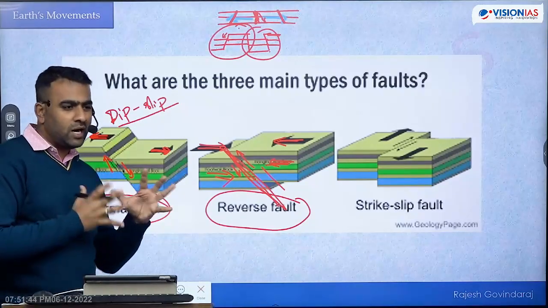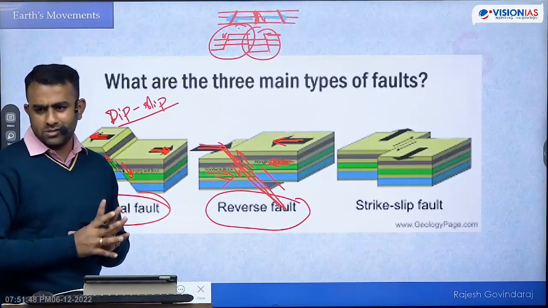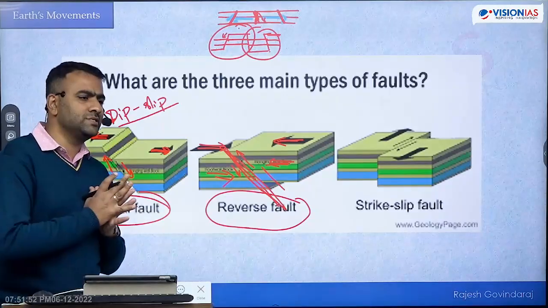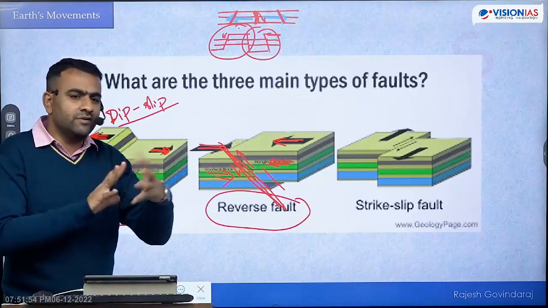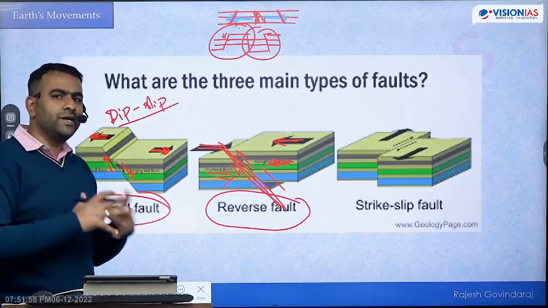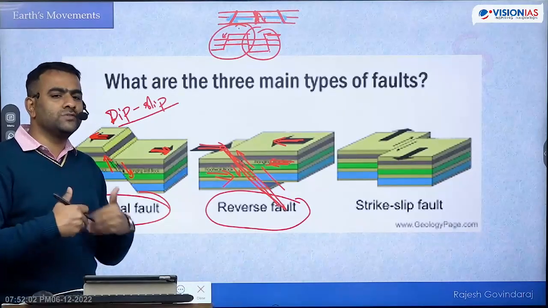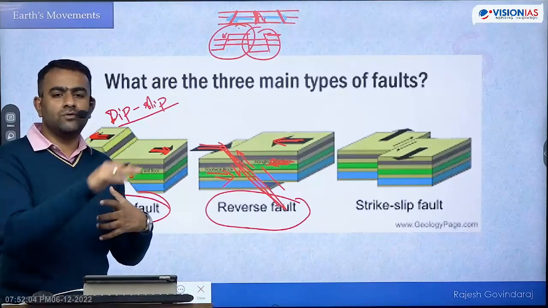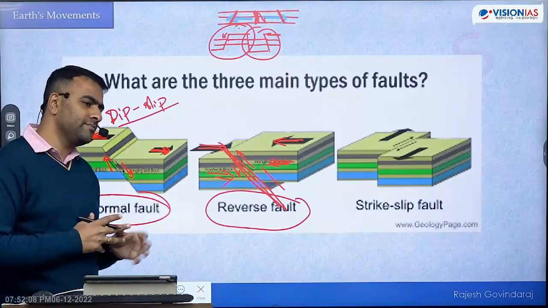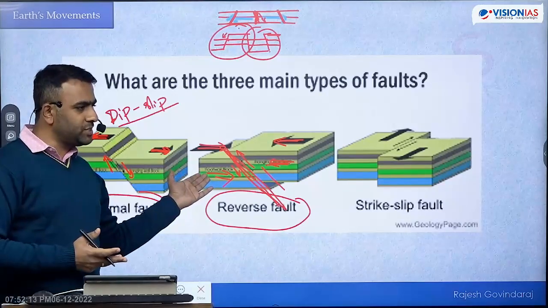If it is too hard rocks, a large area of metamorphic rocks or a granitic rock, igneous rocks which are too hard and resistant, if you try to compress, it will break down and form fault. Not every rock will undergo folding. Those rocks which are capable of sustaining this pressure, they undergo folding. Some of them will not be able to sustain that pressure, they break and they become faults. So in some cases the compression causes the faulting.